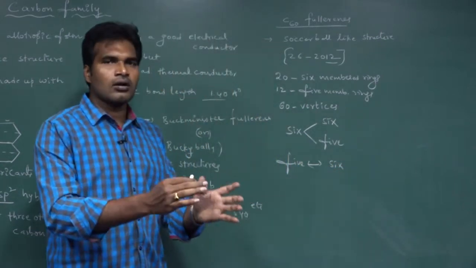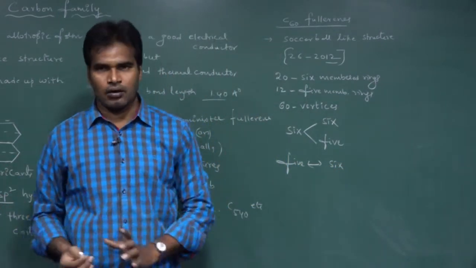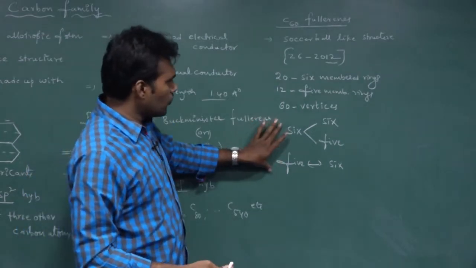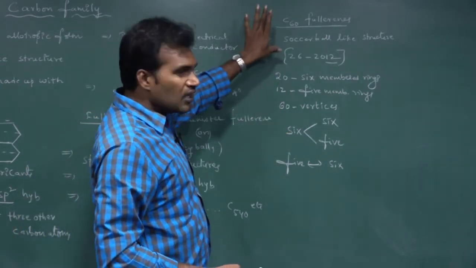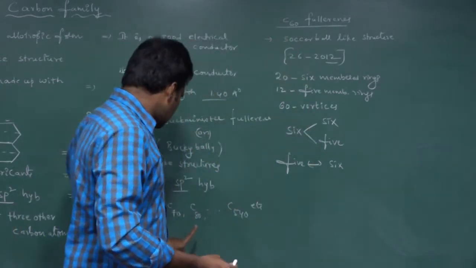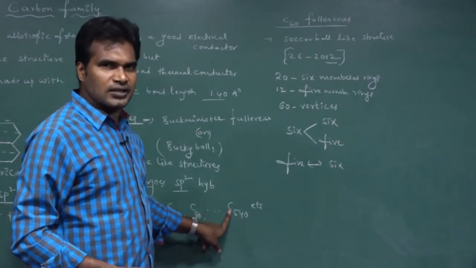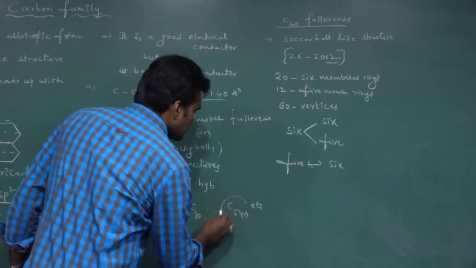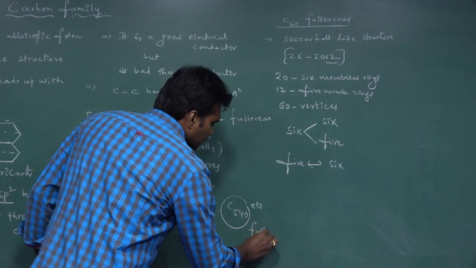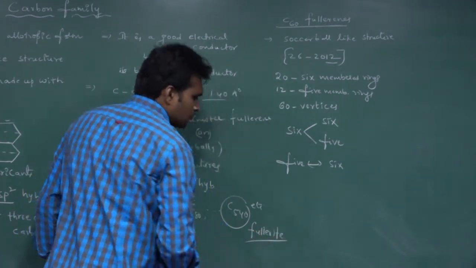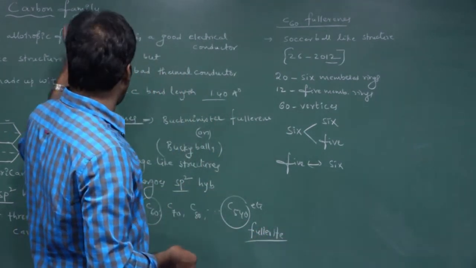That means a pentagon cannot be in contact with another pentagon. These are the two conditions you should remember in case of C60 fullerene. And C540, the largest fullerene, is what we call fullerite. So this is about the fullerenes.